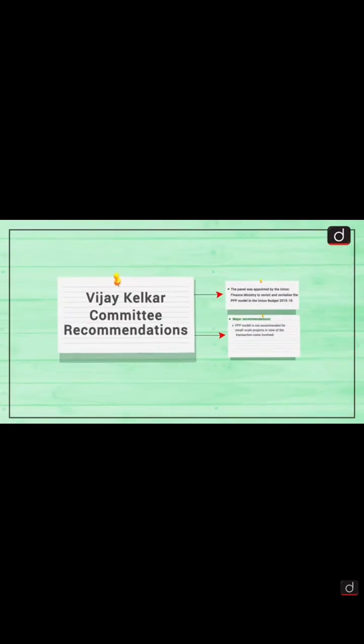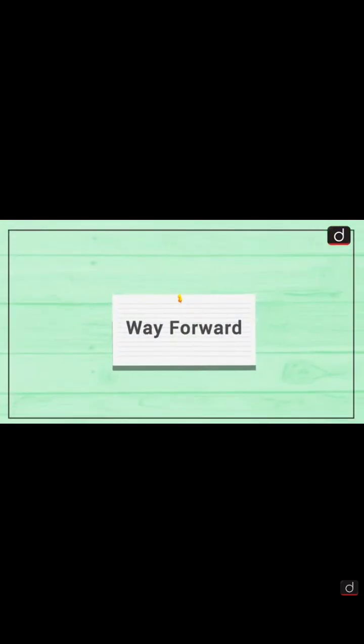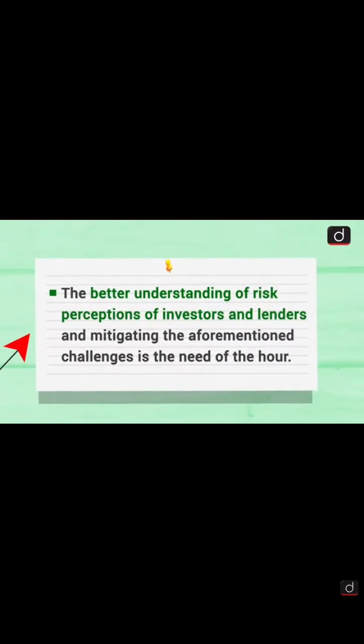So these are some of the recommendations that have been given by the Vijay Kelkar committee. Now if we look at what we can do ahead in this case, a better understanding of risk perception by investors and lenders and mitigating the aforementioned challenges is the need of the hour.